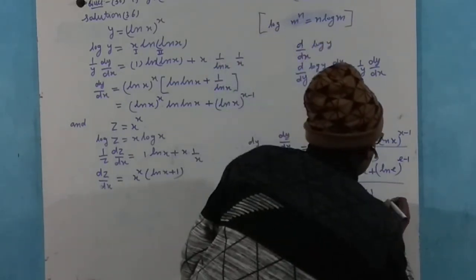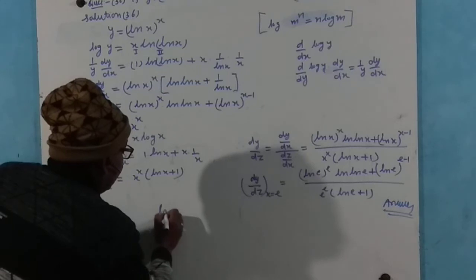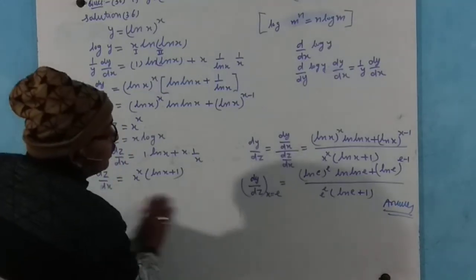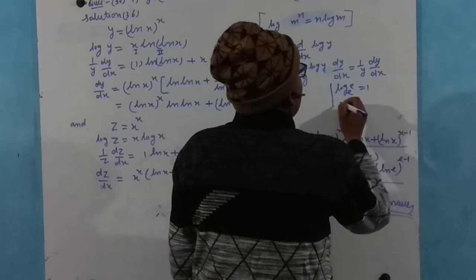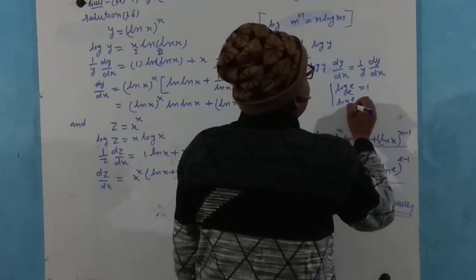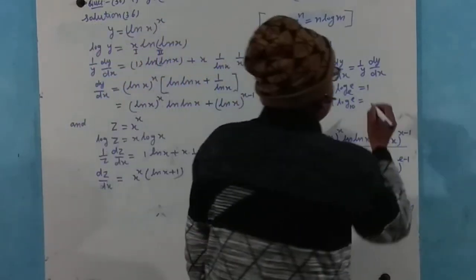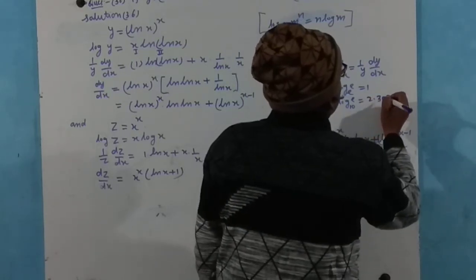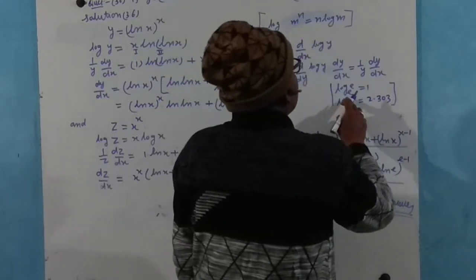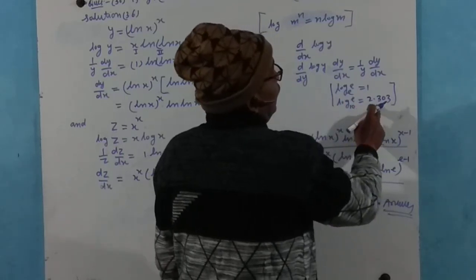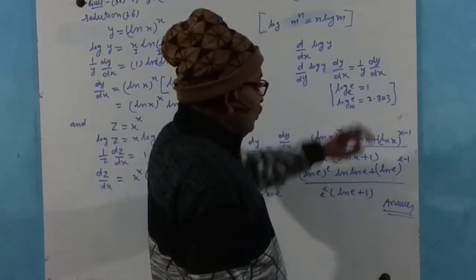This is the answer. As you know, log e base e equals 1, and log e base 10 equals 2.303.